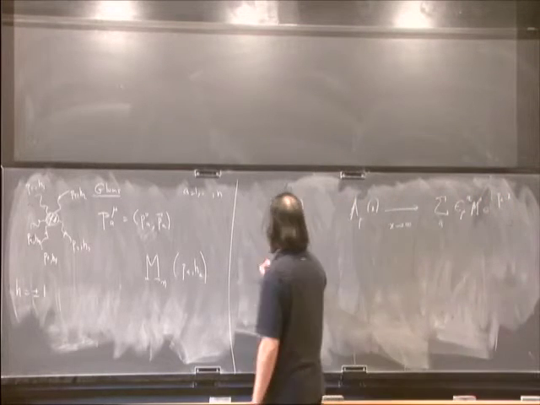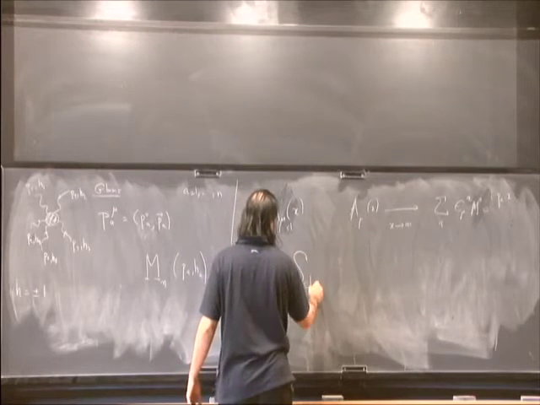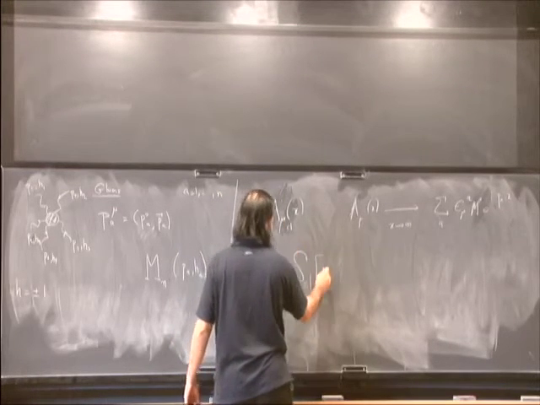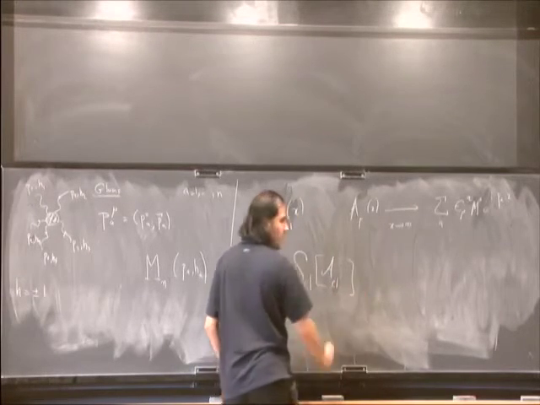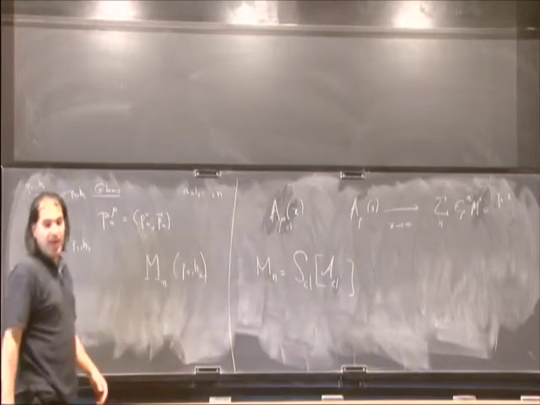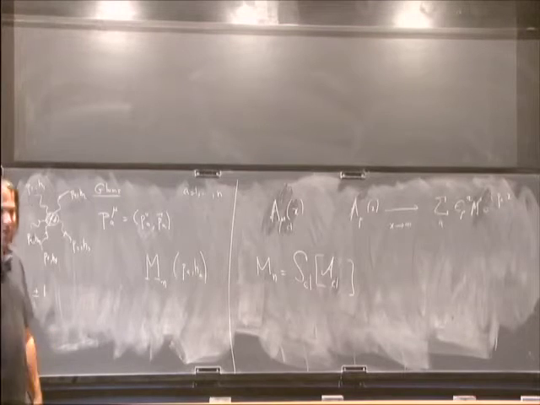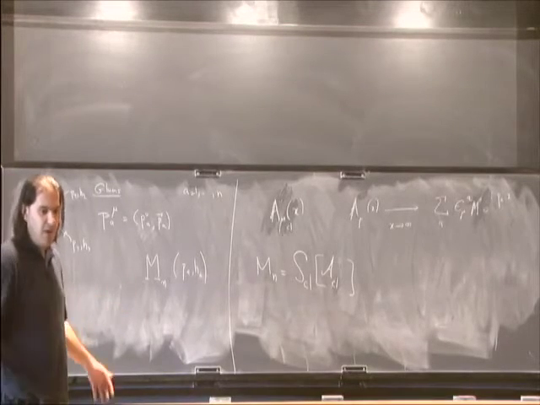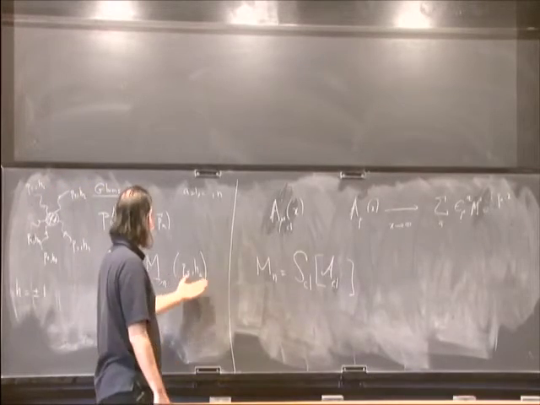Then the scattering amplitude can actually be thought of as the classical action evaluated on the solution. So it has less information in it than the full solution.